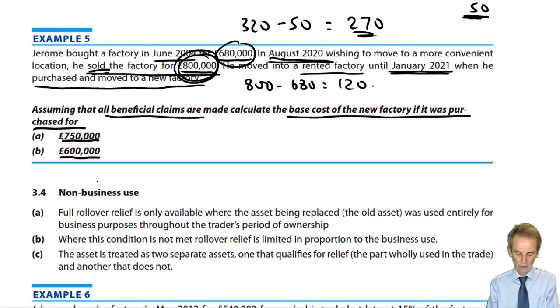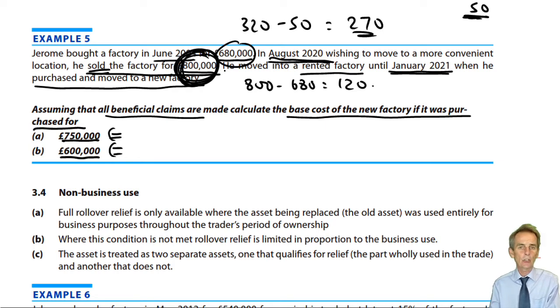£750,000 or £600,000. Now, something that you see here is common to each of those particular numbers, the £750,000 and the £600,000. That is that it's less than the sale proceeds of £800,000. We have not reinvested all of the proceeds, whichever of those two we buy.